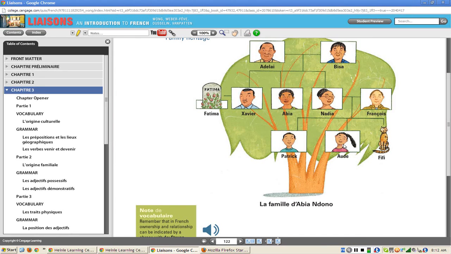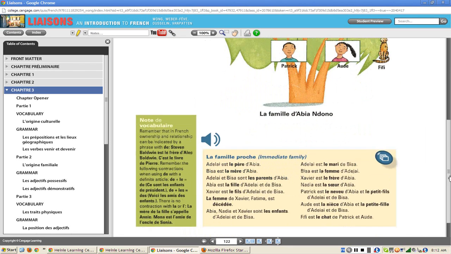Aude is fille. Note the pronunciation, very specific. Le fils, la fille. Aude, c'est la petite fille. And of course, you also have the word for father, le père, mother, la mère. Again, les parents, la fille, le fils.